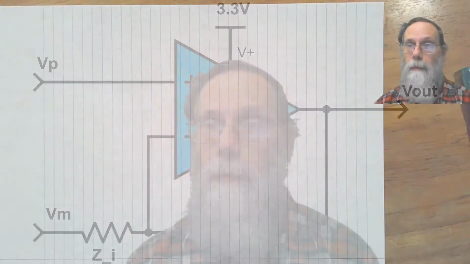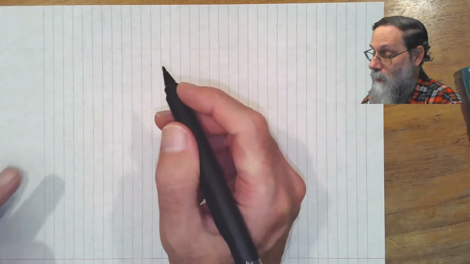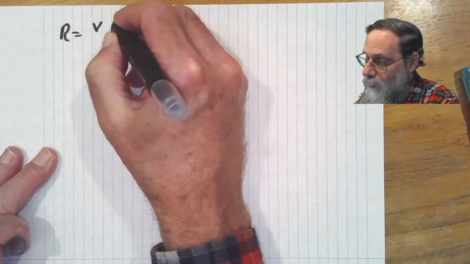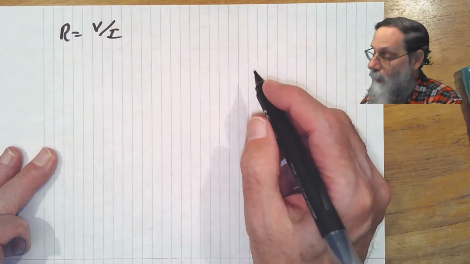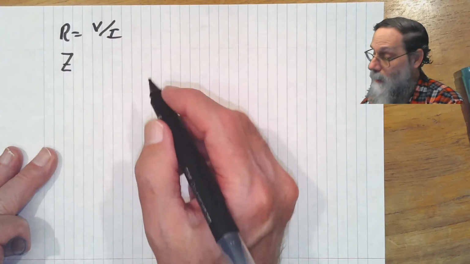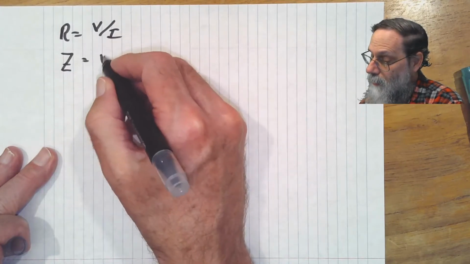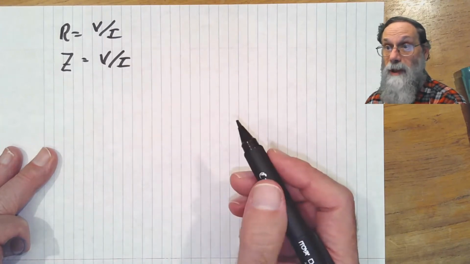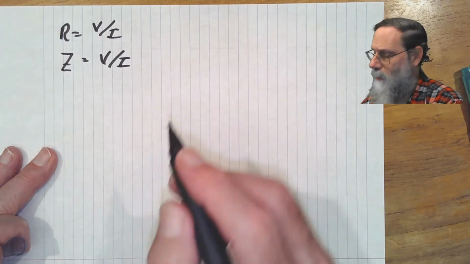It turns out that complex impedance is basically the same concept as resistance. We had resistance as voltage over current, and what we have is impedance, written with a Z, which is also voltage over current. It's the same concept, almost.